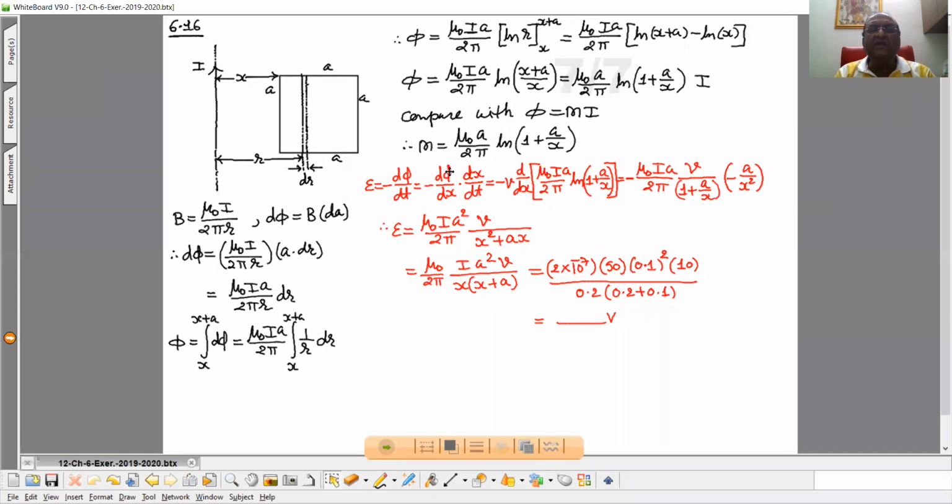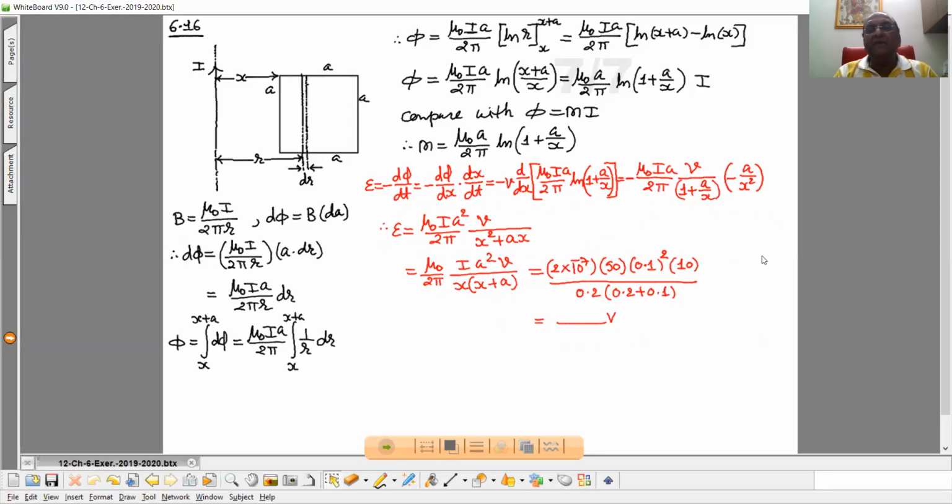So minus v d phi by dx. Then substitute here the equation of phi, that is mu 0 I a upon 2 pi ln 1 plus a by x. So minus mu 0 I a upon 2 pi is constant. Now the differentiation of ln of 1 plus a by x: the integration of 1 upon r is ln r, so the differentiation of ln r is 1 upon r.